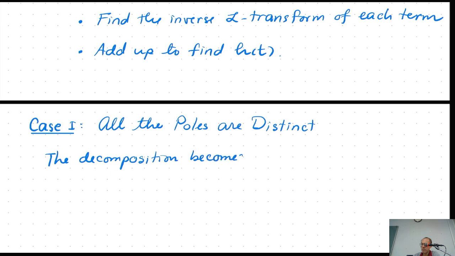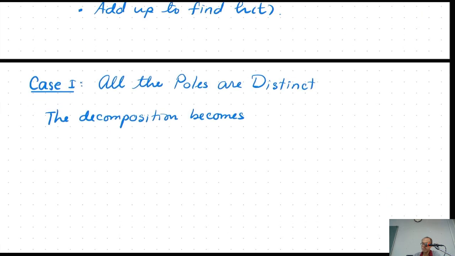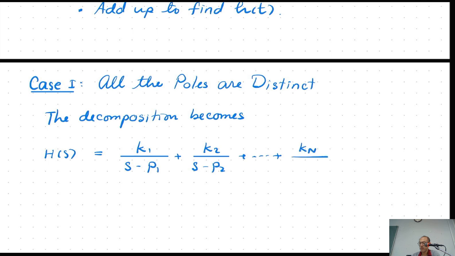When all the poles are distinct, the decomposition becomes H of s equals K1 over s minus p1 plus K2 over s minus p2 plus and so on, plus Kn over s minus pn.